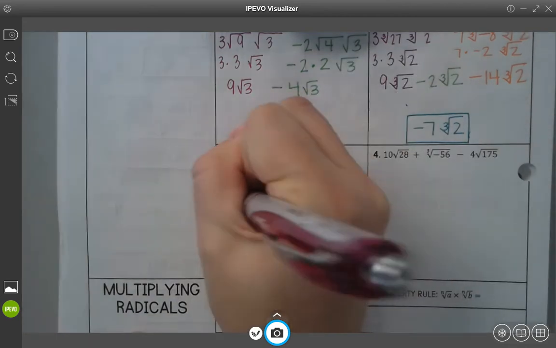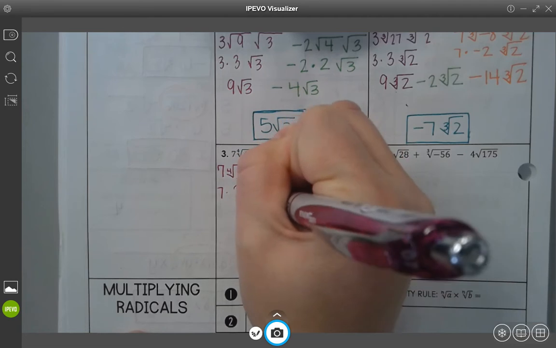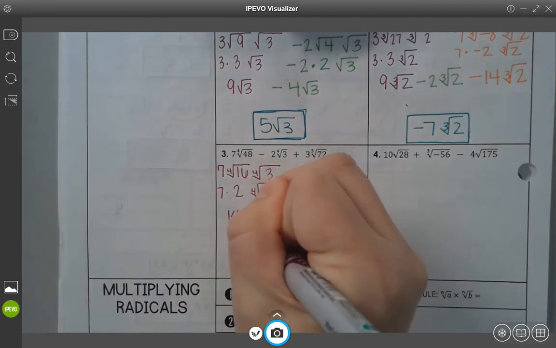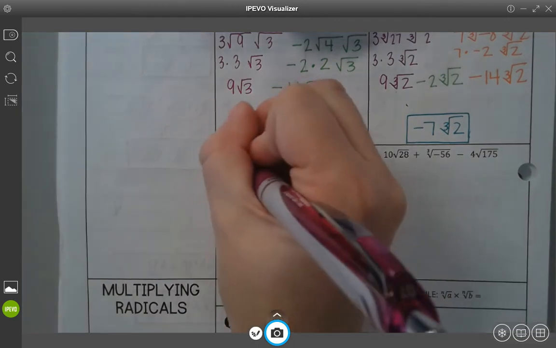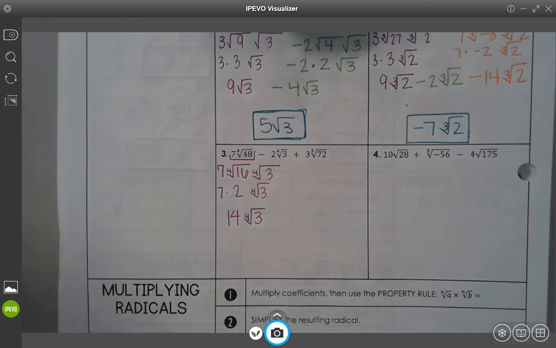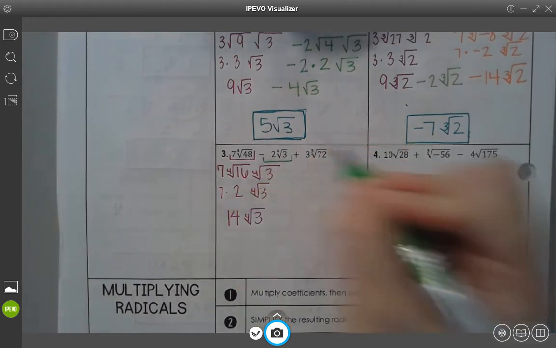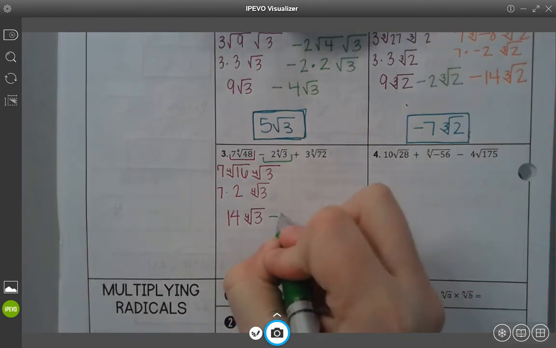So this would be 7 times 2, fourth root of 3, which is 14 fourth root of 3. Now this next one, that's a fourth root of 3. That doesn't simplify at all, so just bring it down.